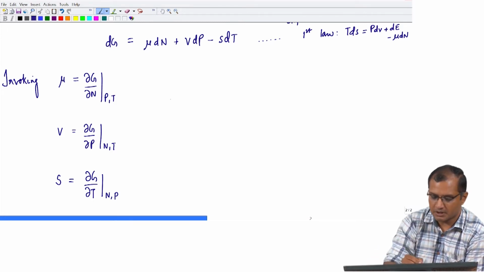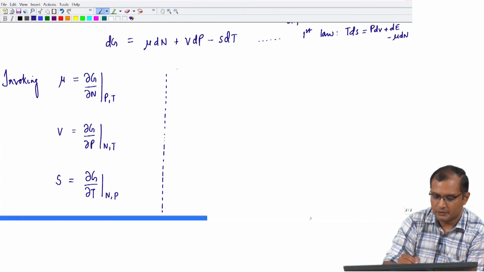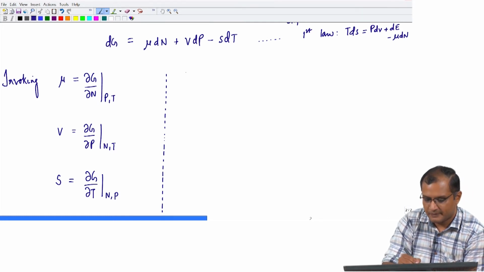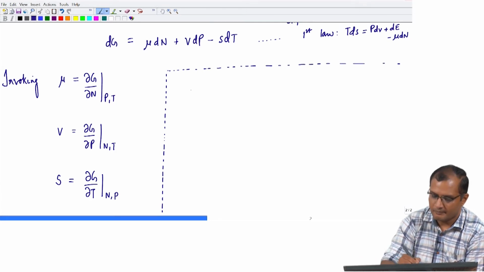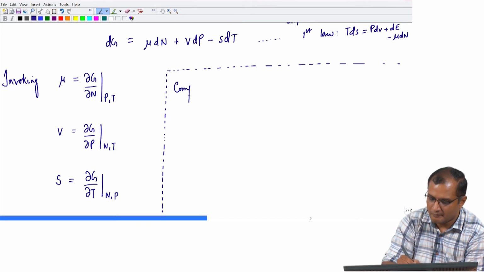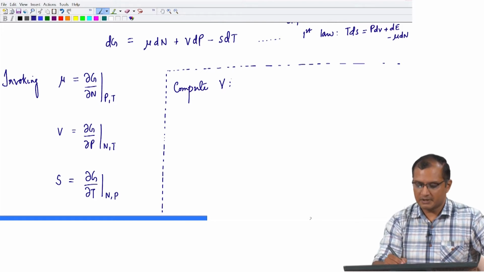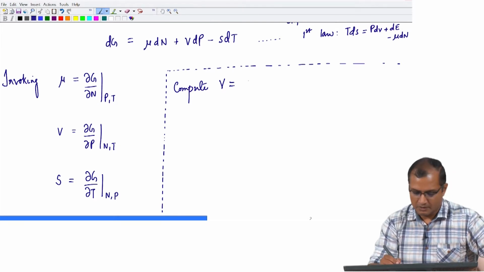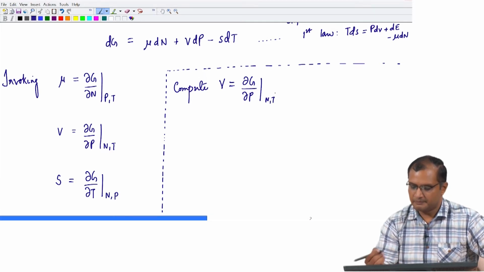So, let us compute volume. Okay. So, volume is the derivative of free energy with respect to pressure, holding N and T fixed.